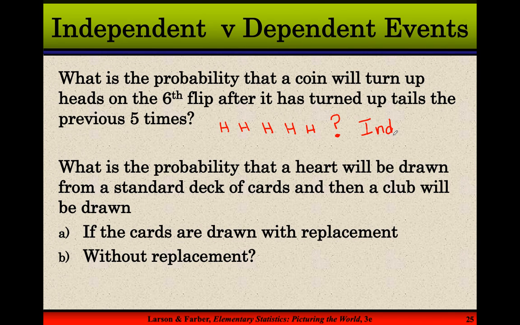Here's another card question, and notice in part A, they use the term with replacement, and in part B, without replacement. What's the probability that a heart will be drawn from a standard deck of cards, that means 52 cards, and then a club will be drawn? Well, if I put the card back, then drawing a heart is 13 out of 52, and drawing a club is also 13 out of 52 because I put the card back.